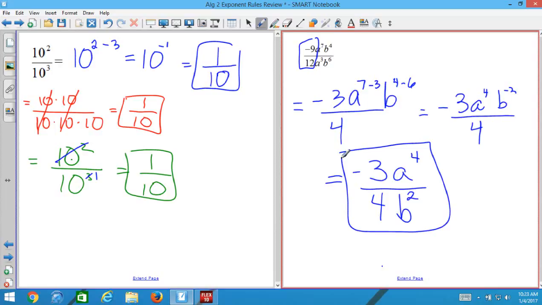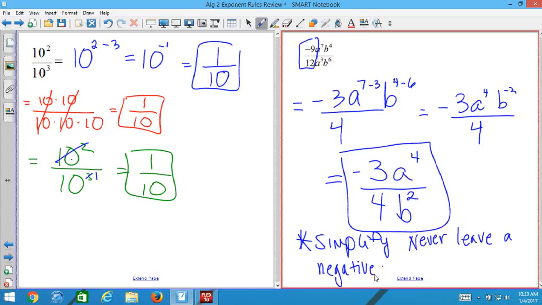Quick little note, yeah. Quick little thing. When you simplify, never leave a negative number in the denominator.